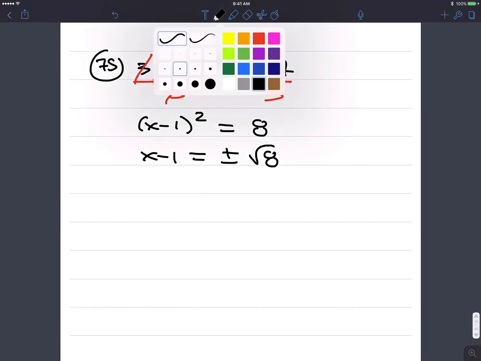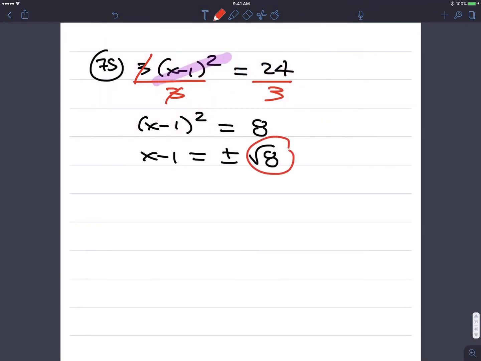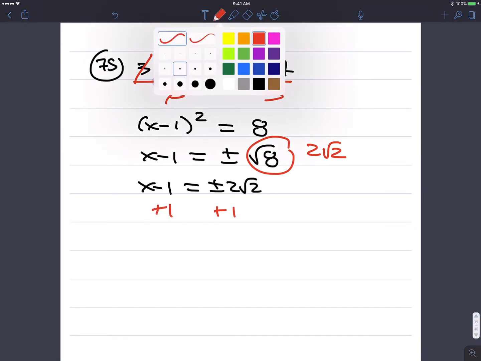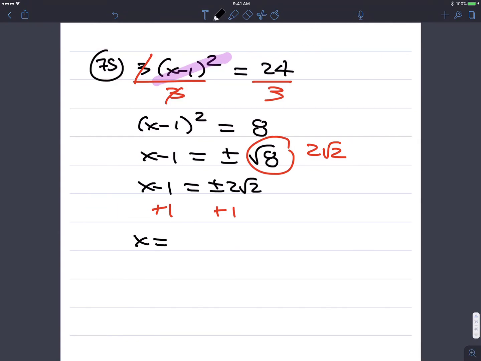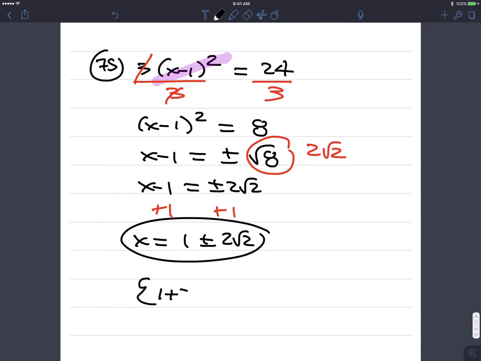And let's recall, the square root of 8 is 2 times the square root of 2. So x − 1 becomes plus or minus 2 times the square root of 2. We're going to add 1 to both sides to solve for x. x is 1 plus or minus 2 square root of 2: 1 plus 2 square root of 2, and 1 minus 2 square root of 2. We solve number 75.